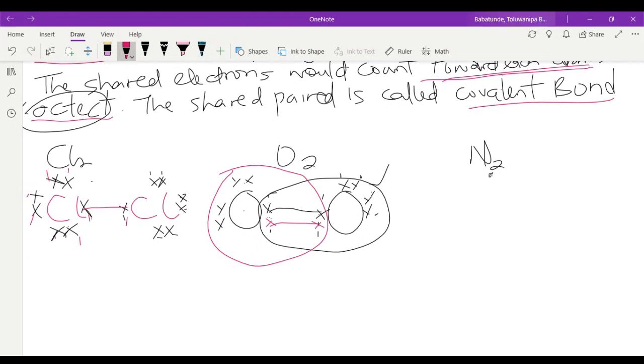Let's go to nitrogen. Nitrogen has 5 valence electrons: 1, 2, 3, 4, and 5. So here we have 1, 2, 3, 4, and 5.